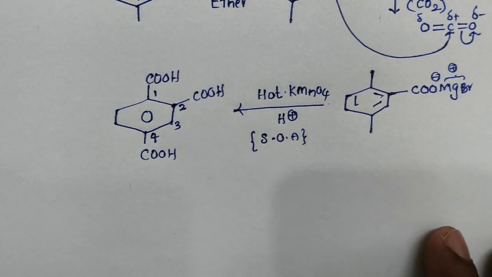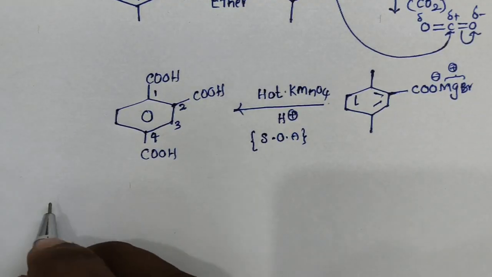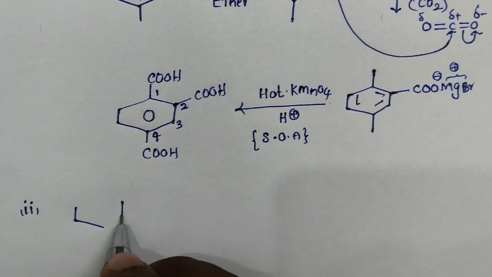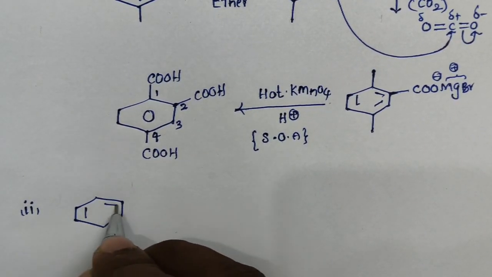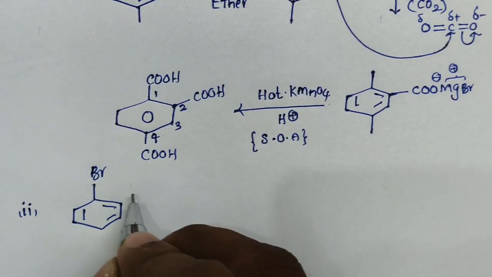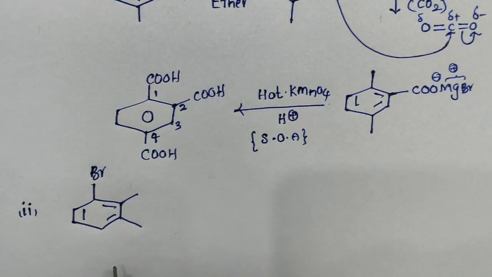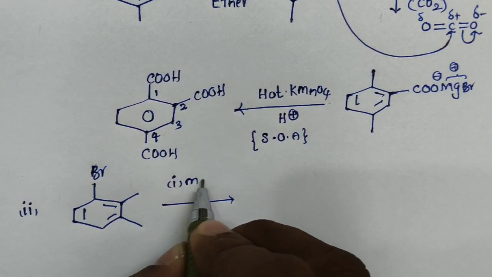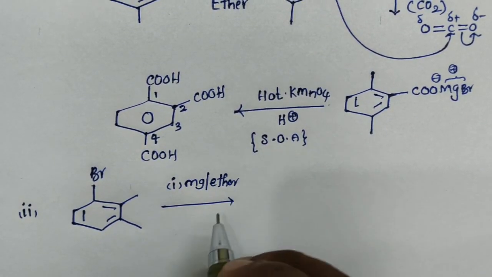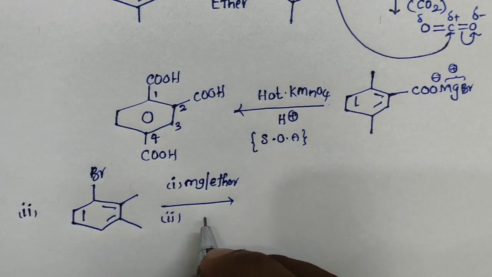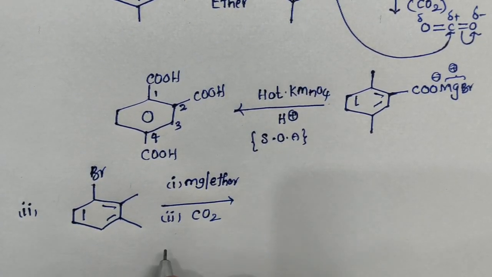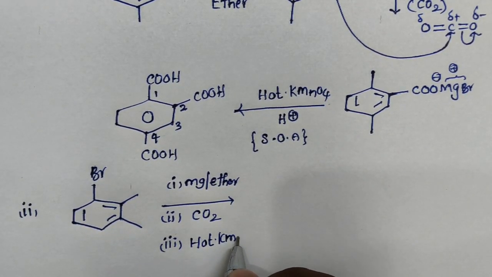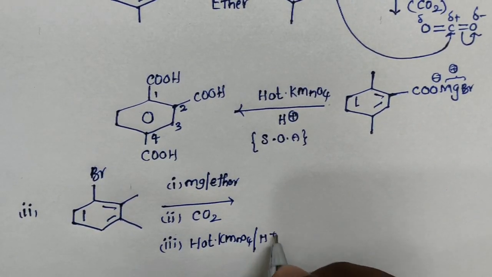Next we will discuss the second condition. What is the second condition here? Already given: this position has bromine, here CH3, here CH3 group. If we apply the steps one by one, we get the first condition Mg, ether; second condition, dry ice, that is carbon dioxide; third step, hot KMnO4 and H plus.